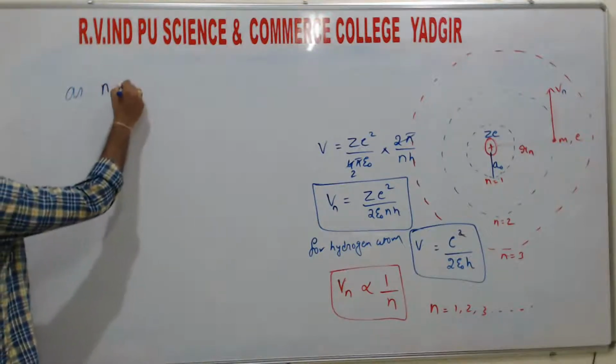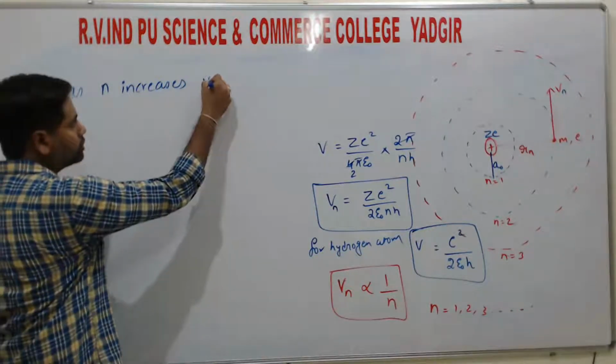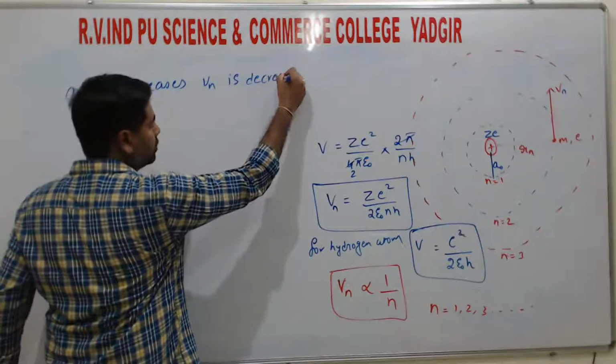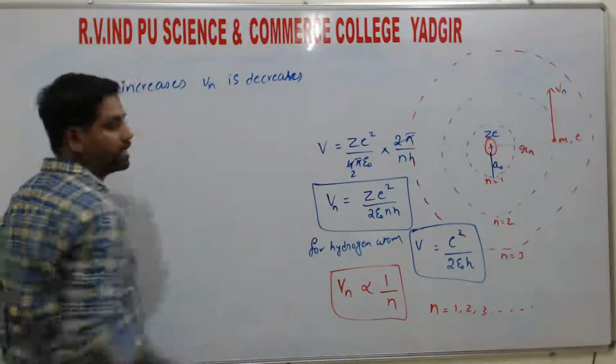as n increases, the velocity of the electron in that orbit decreases.